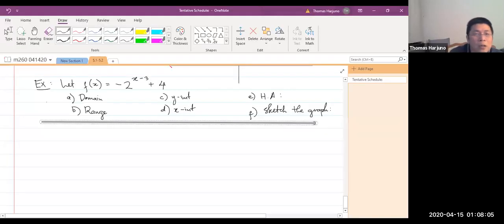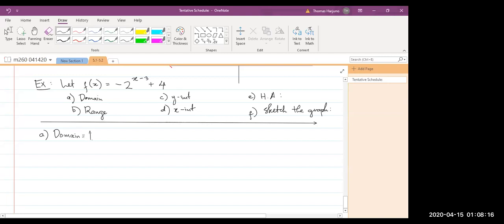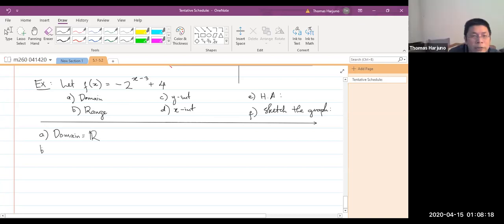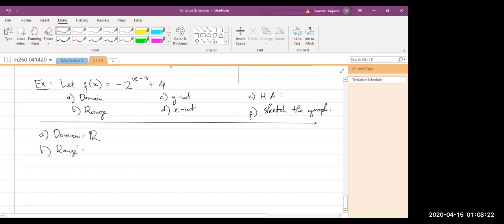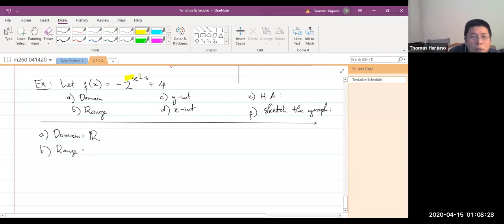Okay, let's start. How about the domain? All real numbers. How about the range? You see that the range for this part here is from 0 to infinity, right?